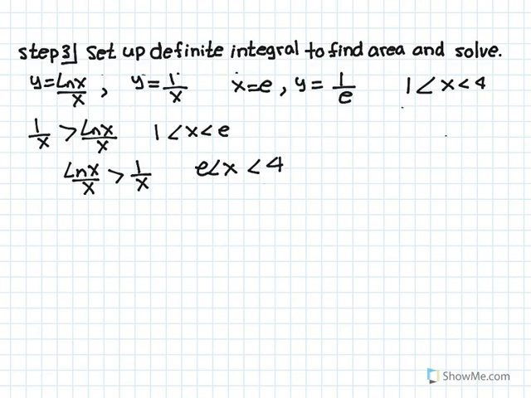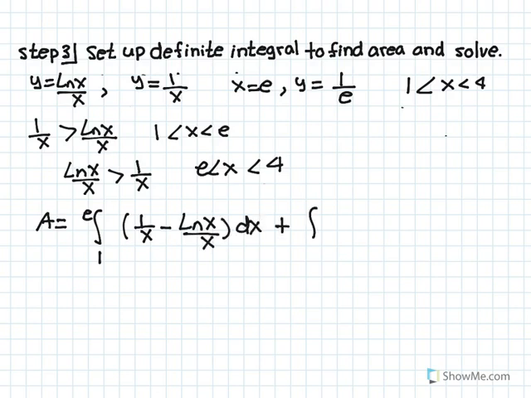The area is equal to the integral from 1 to e of (1 over x minus log x divided by x) dx, plus the integral from e to 4 of (log x over x minus 1 over x) dx.